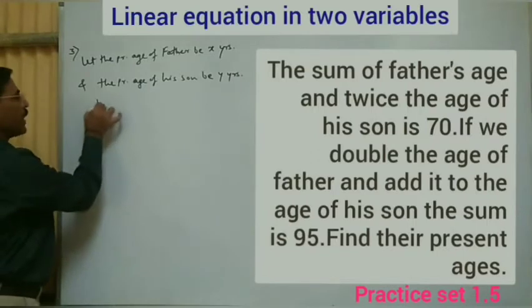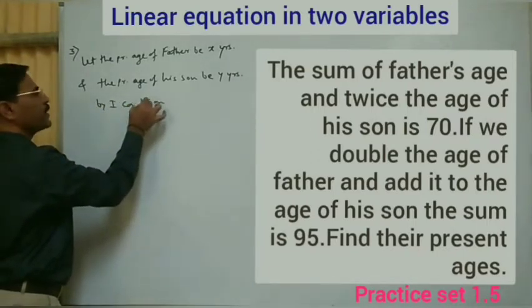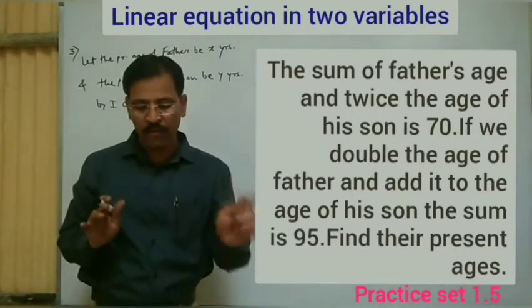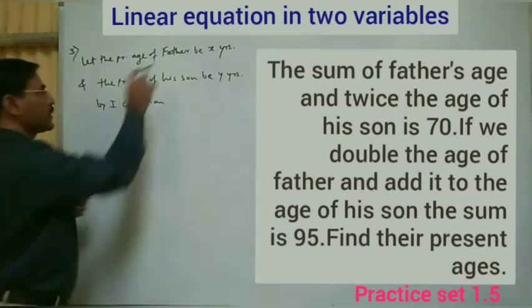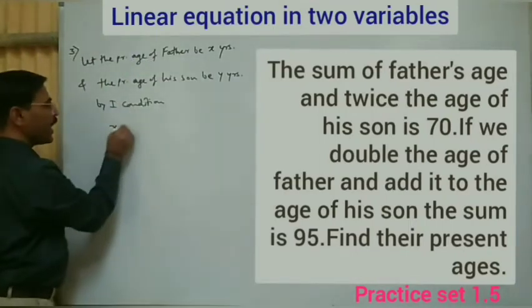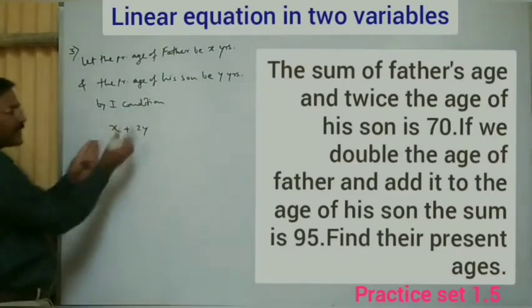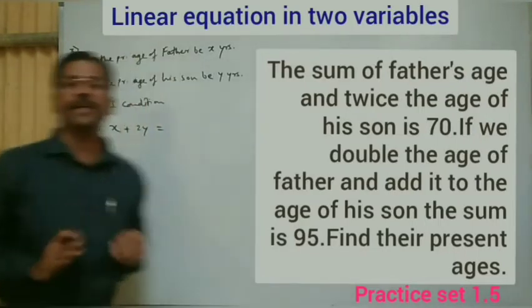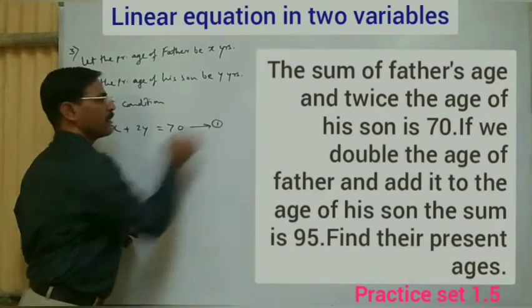So by the first condition, those conditions are very important. What is the first condition? The sum of father's age and twice the age of his son. Their sum is how much? That is 70. Finish. This is equation number 1.